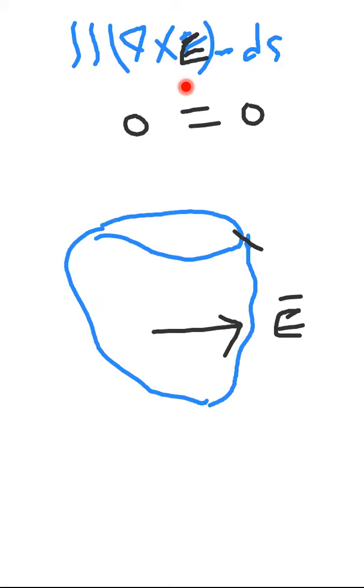Your electric field itself does not have a rotational nature, so it cannot produce any del cross E. Irrespective of the surface, your answer will be 0. You go around all the surfaces, you will not get any component. That is the idea.